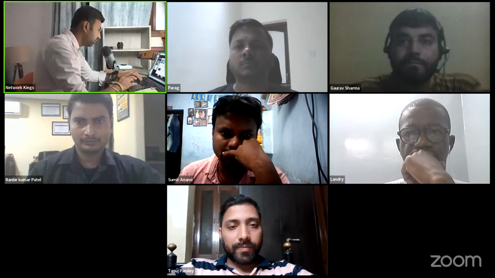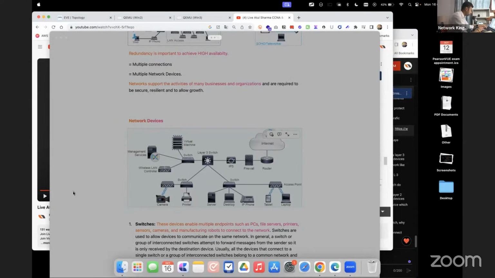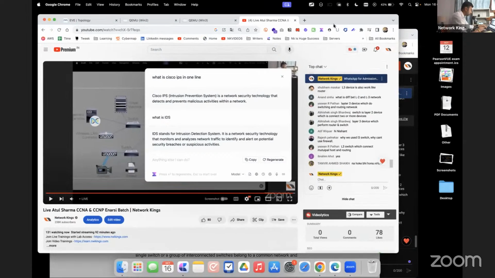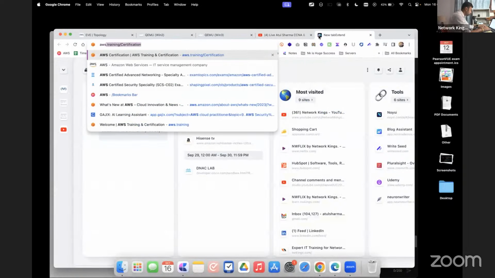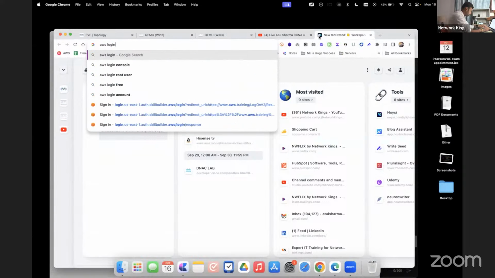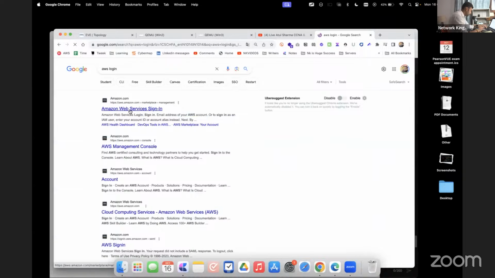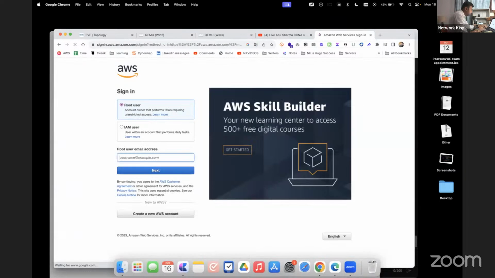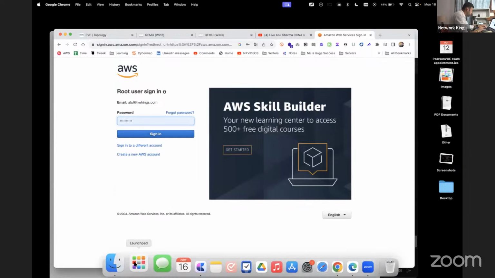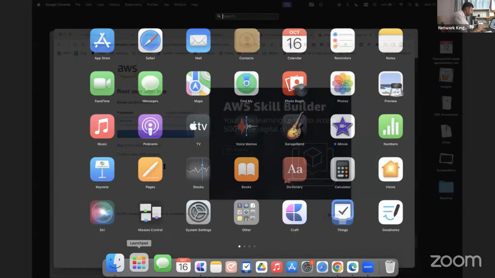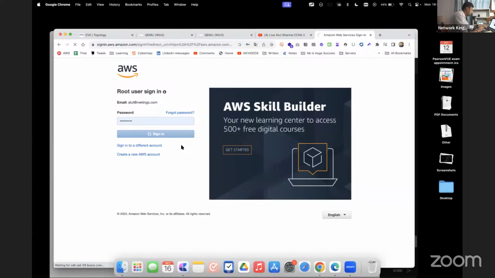As I mentioned, we all are here to holistically grow. So let's build a virtual machine. I can show you in VMware, but I don't have it on my Mac, so it's okay, I can show you in a cloud.